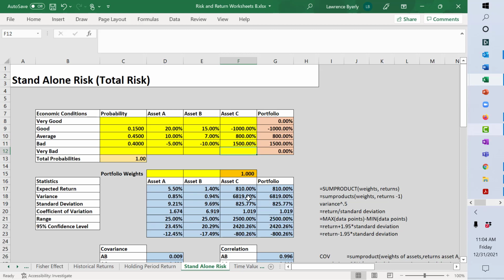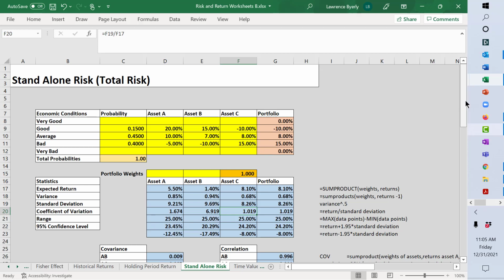You see the returns, the variance, these things all change, but the coefficient of variation doesn't. So the coefficient of variation allows us to modify the returns, so it kind of gives us a standardized level of risk.